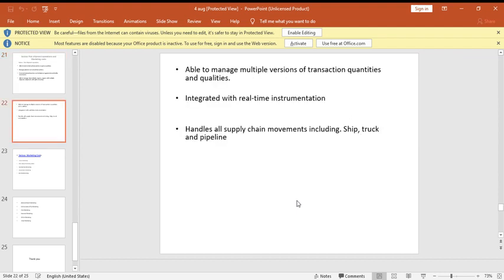So these are all post shipment methods. Able to manage multiple versions of transaction quantities and qualities, integrated with real-time instrumentation, handles all supply chain movements including ship, truck, and pipeline.